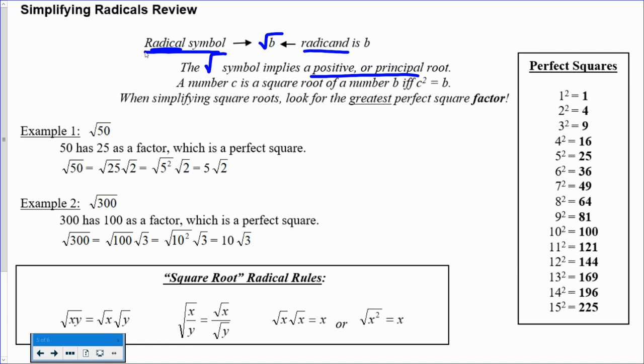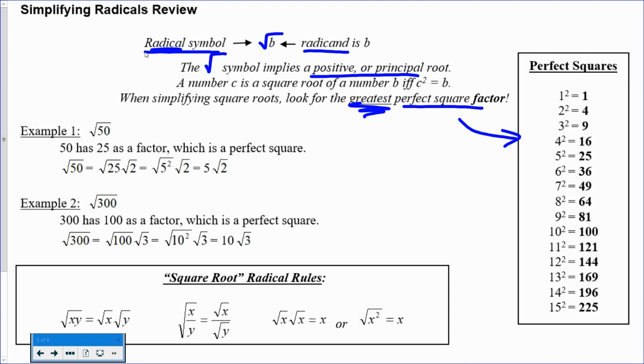So your value C would be a square root of a number if C squared would give you the value inside of your radical. When we're simplifying our square roots, we need to look for the greatest perfect square factor. So here are some examples in this box of some perfect squares. Whenever I take a number to the second power, it is a perfect square. So 1 squared is 1.